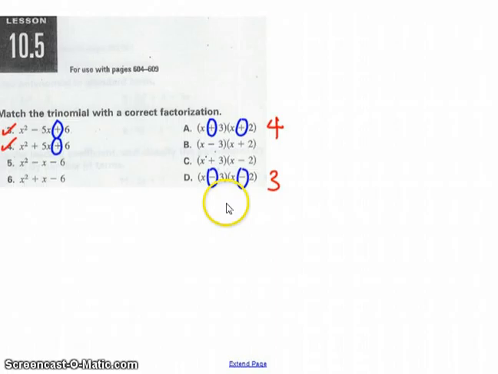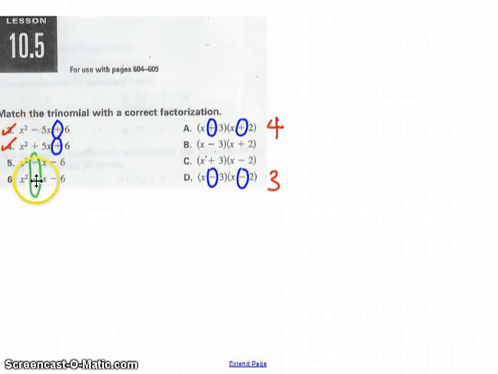All right, well that leaves me with 5 and 6, but which one of them goes with B and which with C? Let's look at the difference between 5 and 6. The middle term is negative for 5 and it's positive for 6, and that's the only difference between these two. That's going to lead me to the same sort of work that just helped me separate 3 and 4.